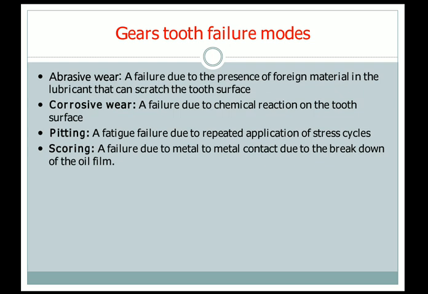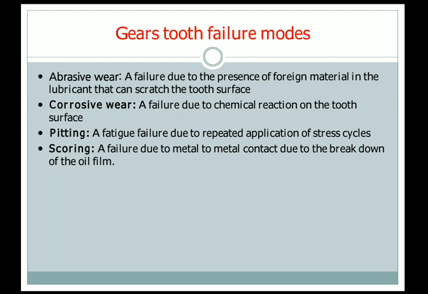If we are supplying suitable oil, the chances of friction are eliminated, and the wear and tear of the gear is also eliminated. The abrasive wear occurs when there are some foreign particles present in the oil and they rub the surface of the gears. When it is rubbing the surface of the gear, there are chances of abrasive wear, and due to this the gear teeth fail.